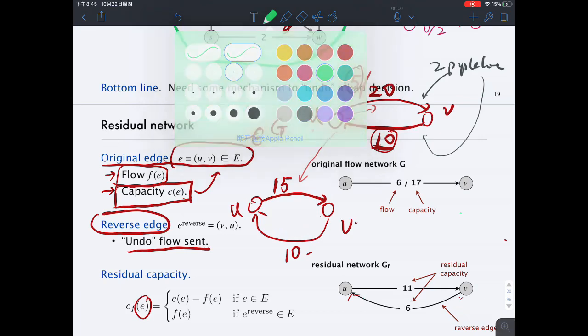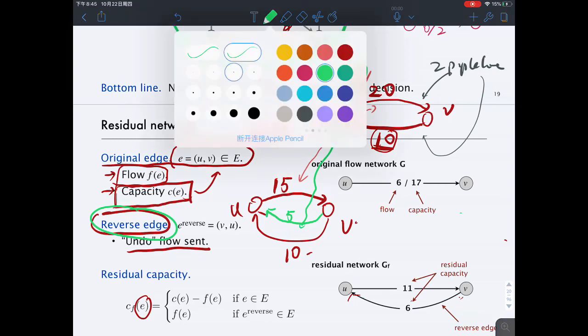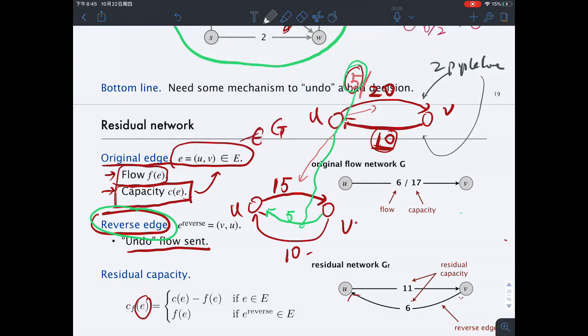On the other hand, we want to reflect the fact that we can regret or undo our decision. By our definition, we add a reverse edge connecting from V to U with 5 units of flow. Now comes an interesting thing: you can physically imagine there are two pipelines moving from V to U. The first is the original one, which we already saw as part of the input.